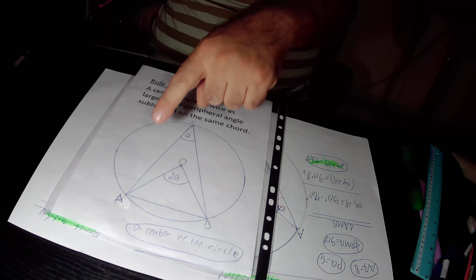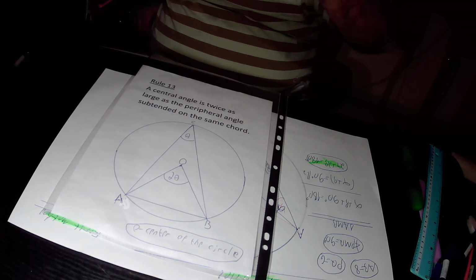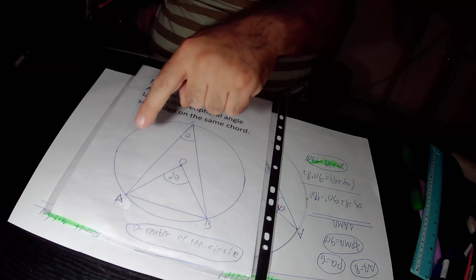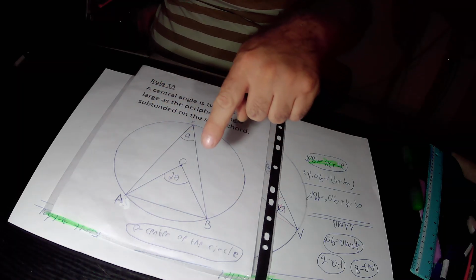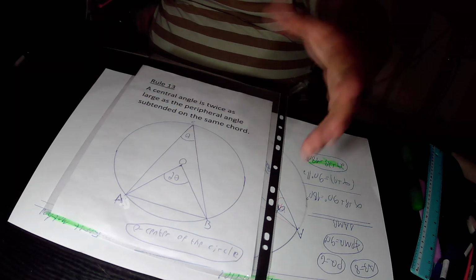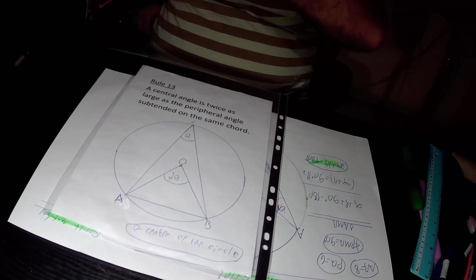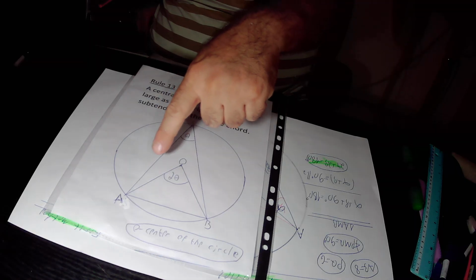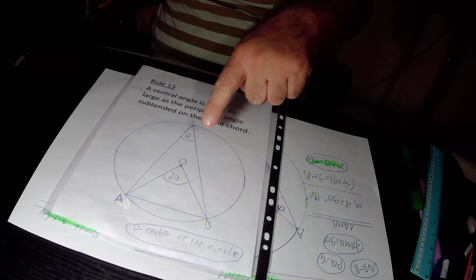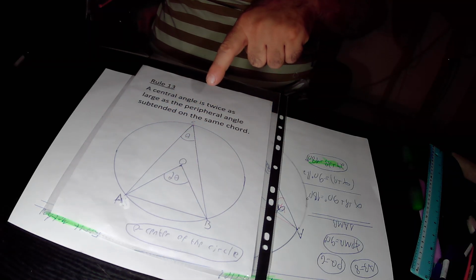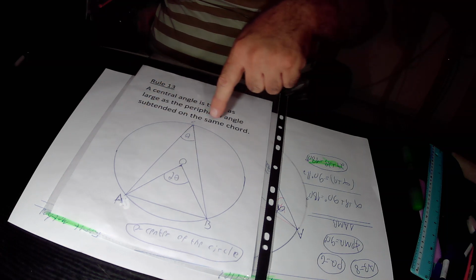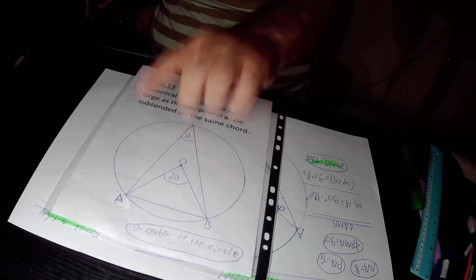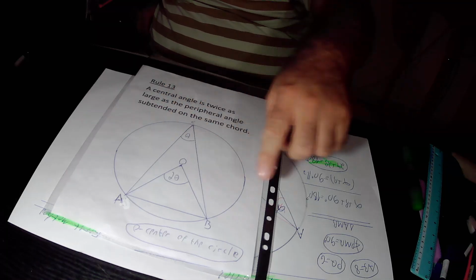The size of angle ACB is theta. This is center angle AOB that subtends on the same arc AB. And therefore, according to rule 13, the size of center angle AOB must be twice as large as the size of angle ACB, because they both subtend on the same chord AB.